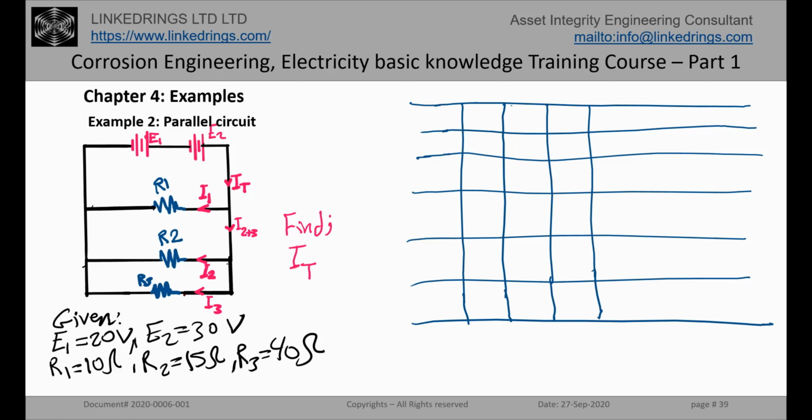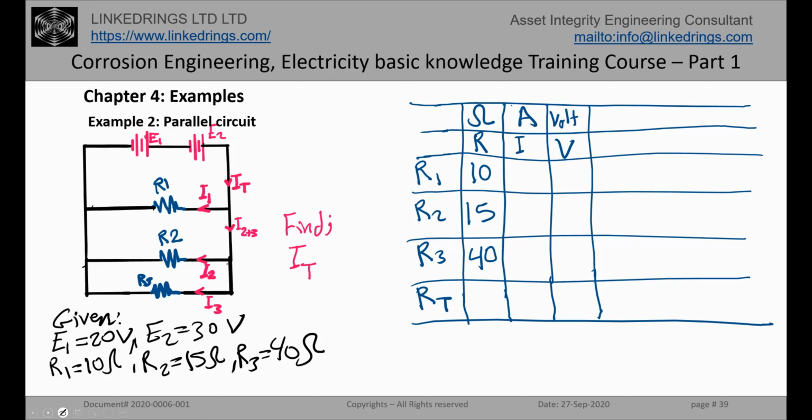So again, we do the same table, same arrangement. We put on the columns the resistances R1, R2, R3, and R total. We put the values which we know, which are R1, R2, and R3: 10, 15, and 40 ohms respectively.